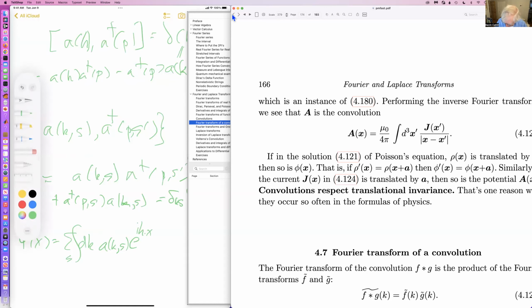So let me switch here and put in an epsilon of k and s, plus a dagger of k and s e to the minus i k dot x epsilon star of k and s.